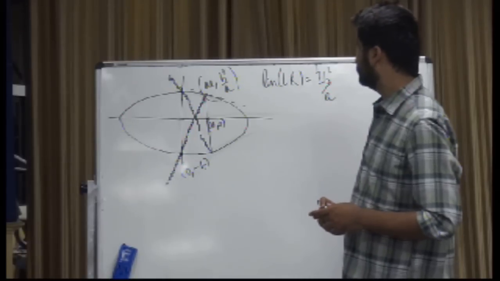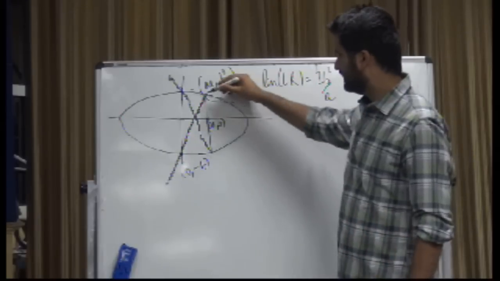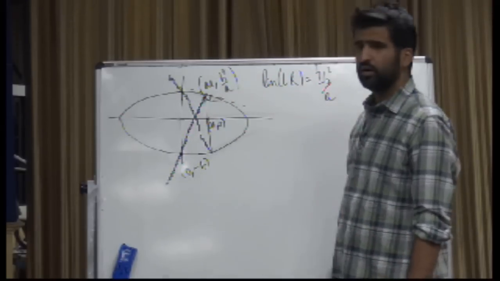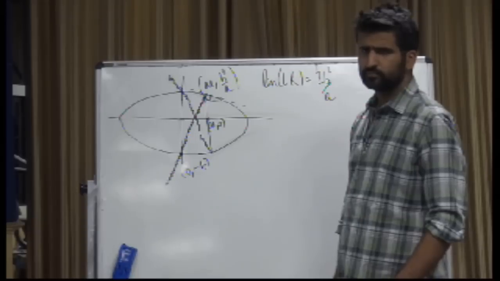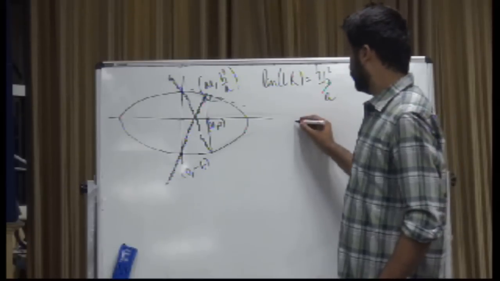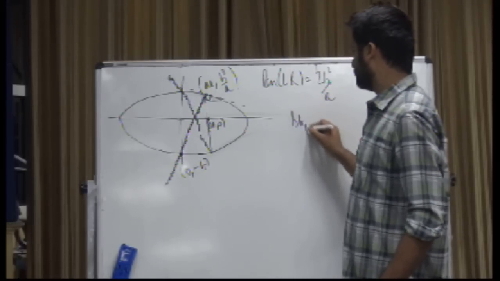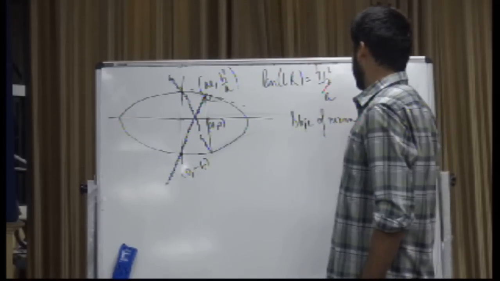So now, what can you do now? Now you know that this is the normal. What is the slope of a normal? Can you find the slope of this normal? You know the slope of the normal, what is the value?